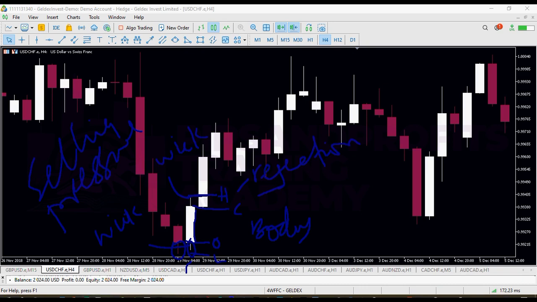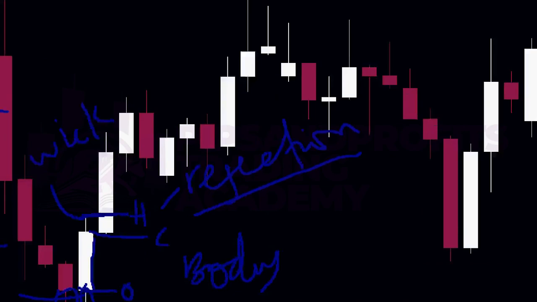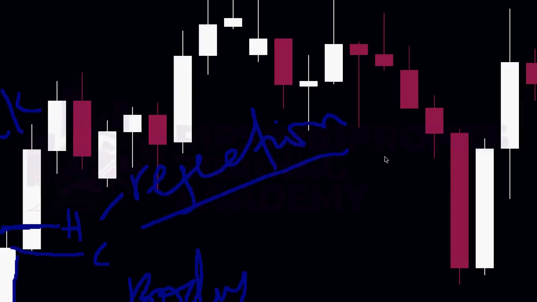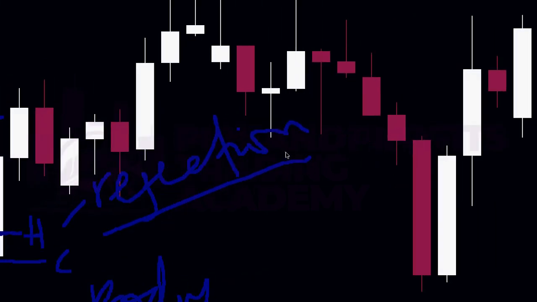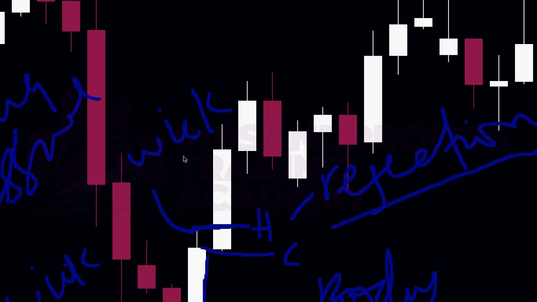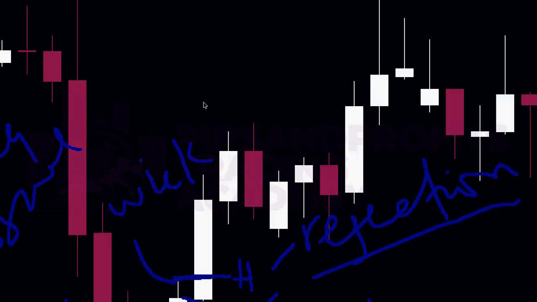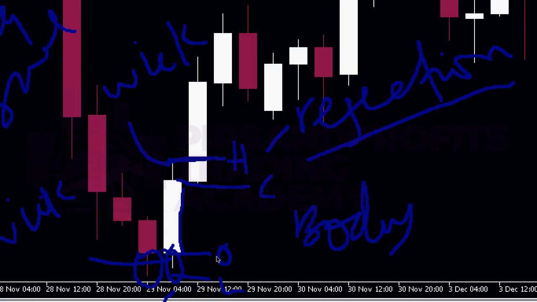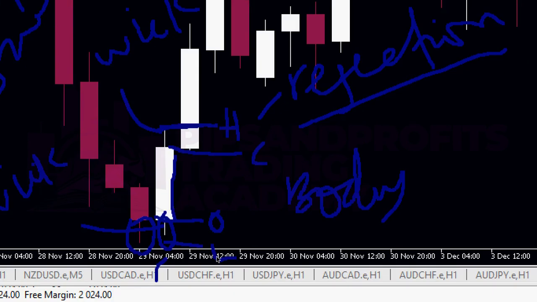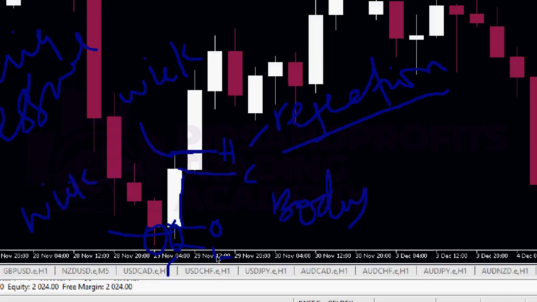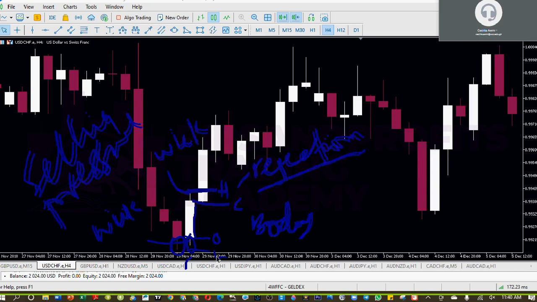The bears rejected the market from going higher. They opposed that. So this you see over here is what we call a bullish candle.